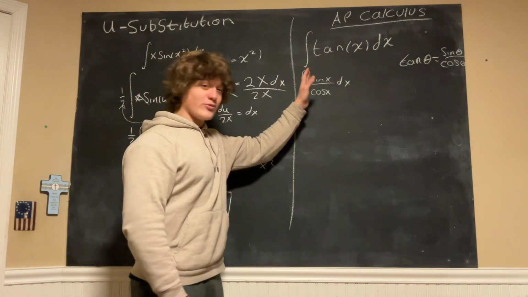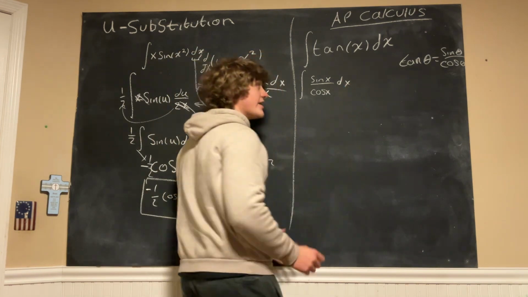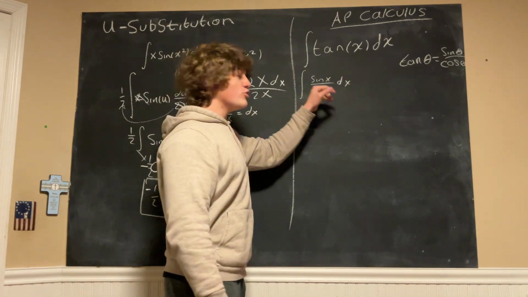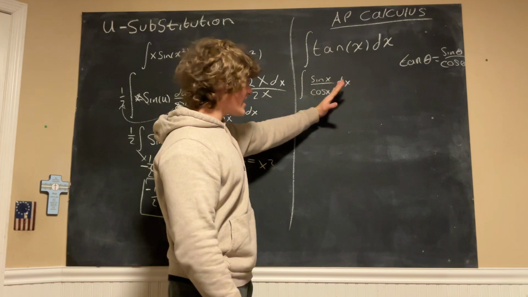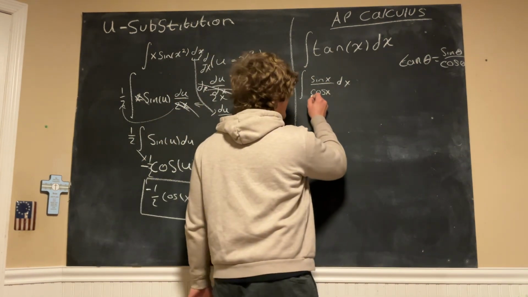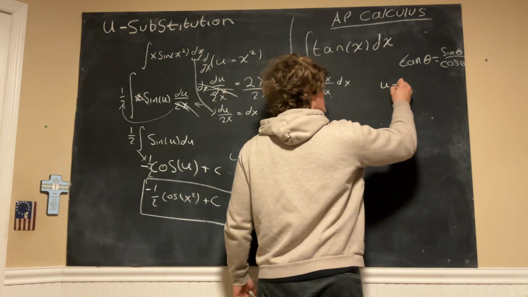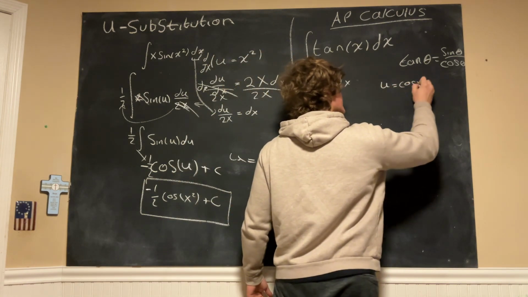Now we are not going to set u equal to sine, because then we would get u divided by cosine of x, and we would have an x in a du statement, which does not work. So we will be setting the bottom as our u. So u is equal to cosine x.